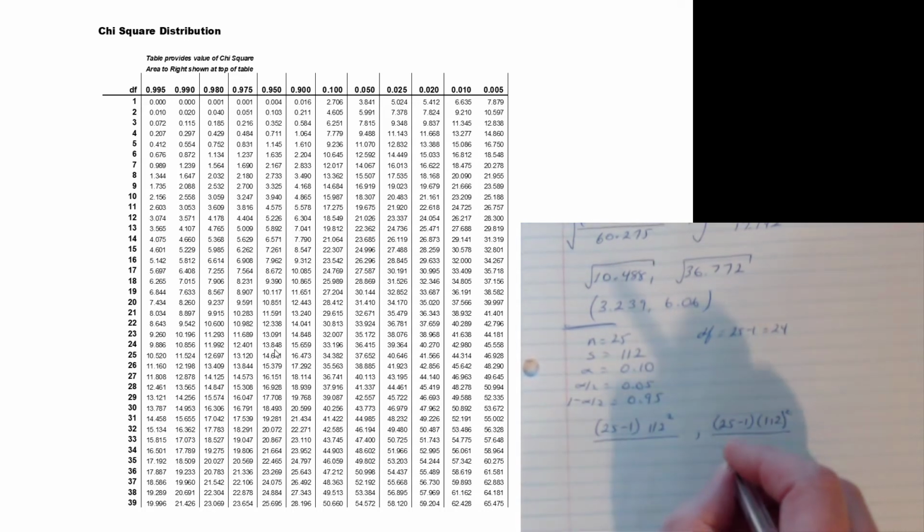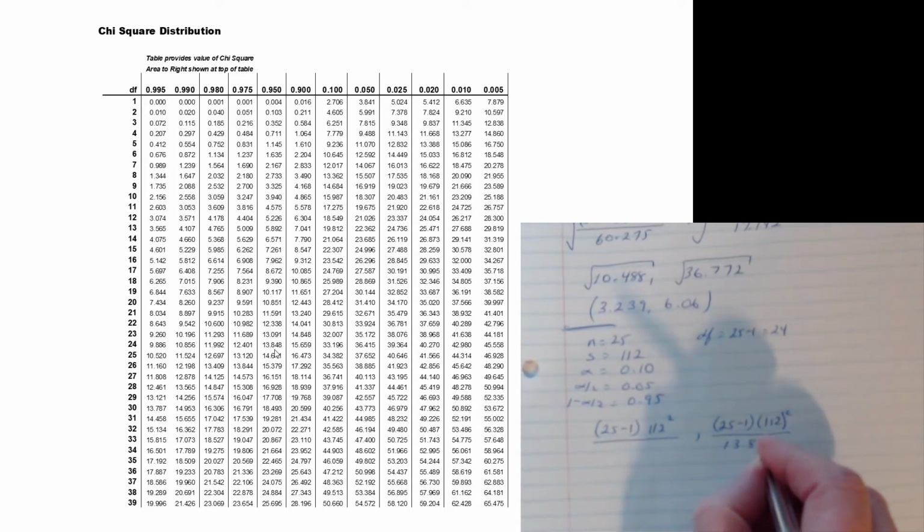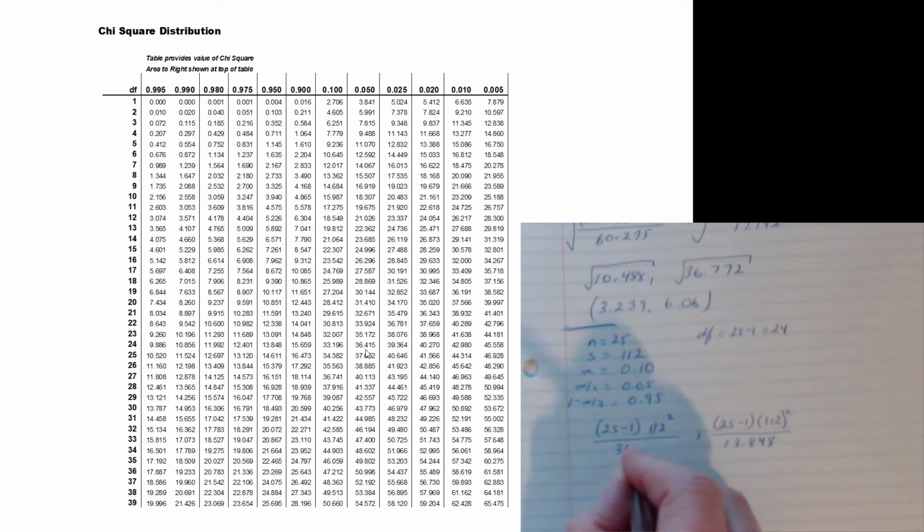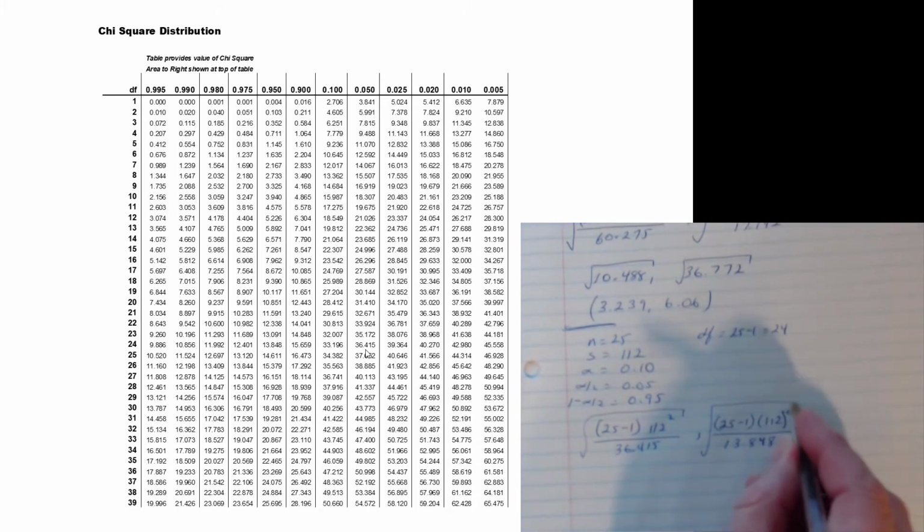I keep going for 0.05, and I get down to, there it is, 36.415. That's the upper number. So that's for the variance. I'm going to square root both of those because it's explicitly asking us for the standard deviation.